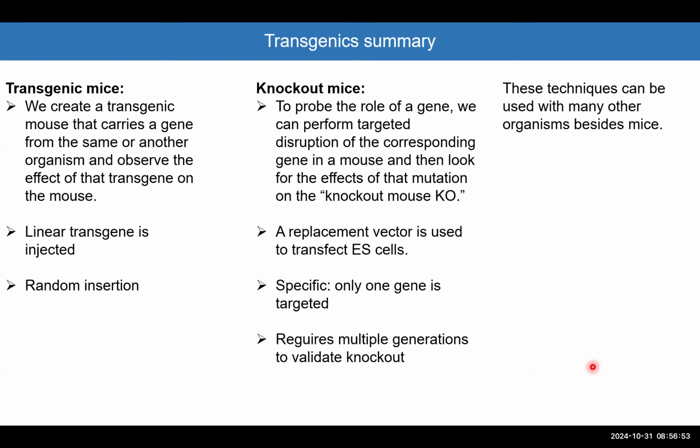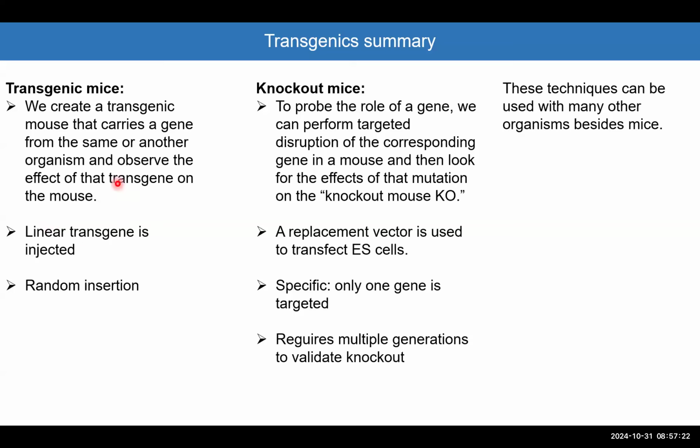Okay, so now we have transgenic animals versus knockout animals. Remember the differences and recall that in the transgenic animals, when we generate those, we are trying to introduce certain genes in a non-specific manner by simply injecting DNA into a fertilized egg, into the pronucleus of the male.